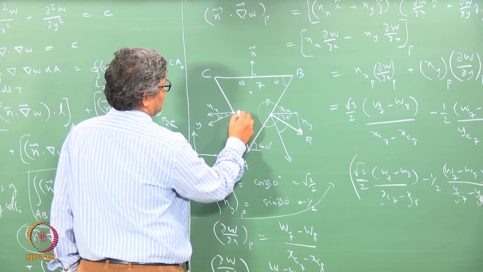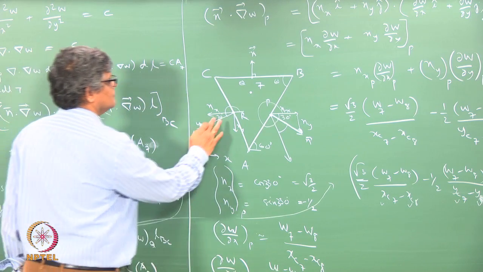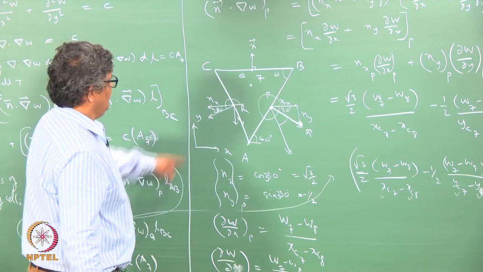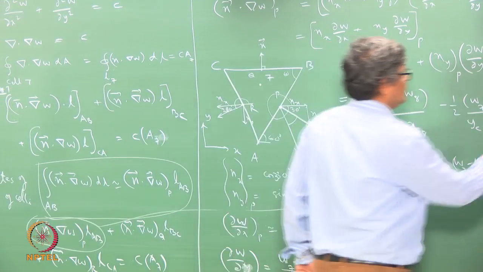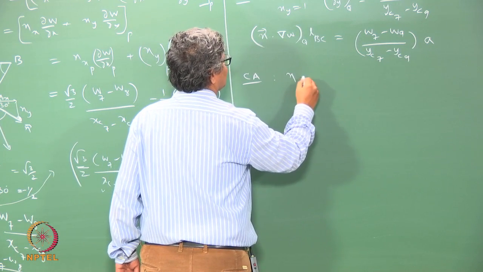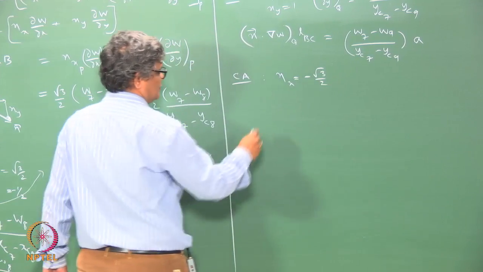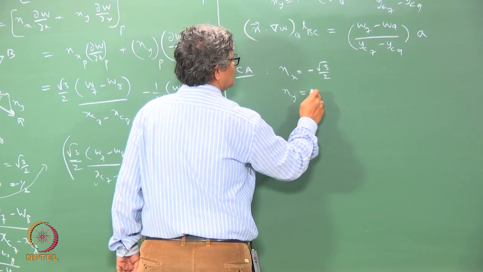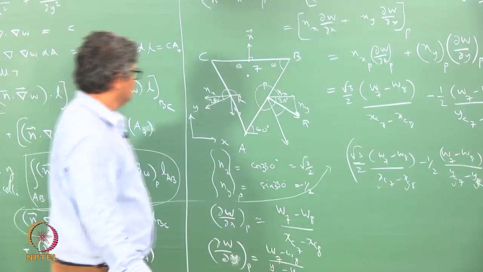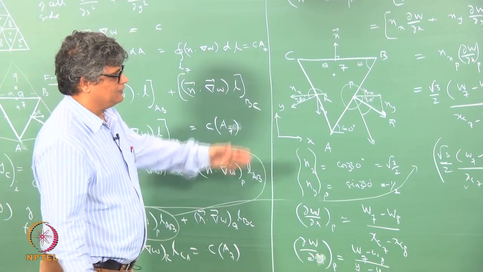So it is actually 210 degrees. And so for side CA we can say that Nx is equal to minus square root of 3 by 2 and Ny is equal to minus 1 by 2. Okay. You find out what the angle is and then you substitute in the cosine theta, and then you should be able to get this.